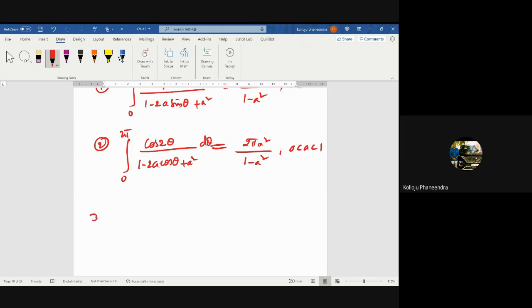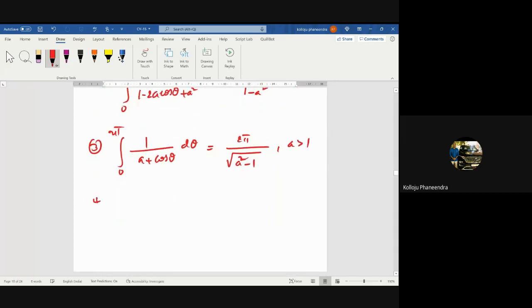Next one, integral 0 to 2 pi, 1 by a plus cosine theta d theta equals 2 pi by root over a square minus 1, a greater than 1.